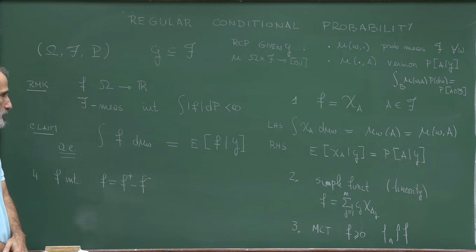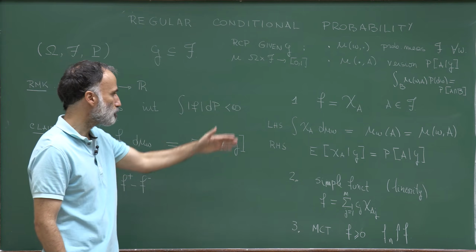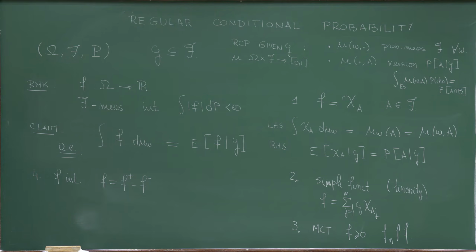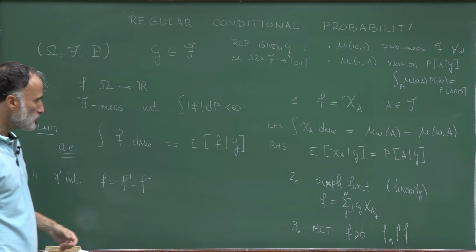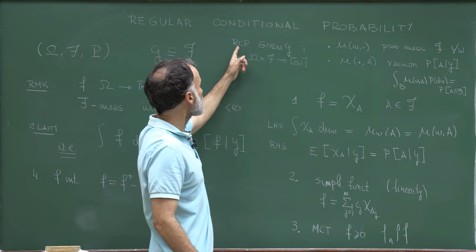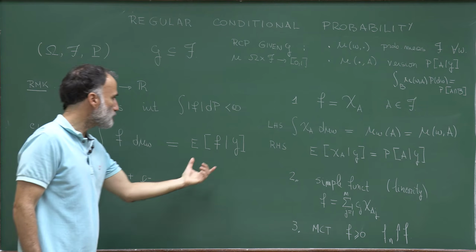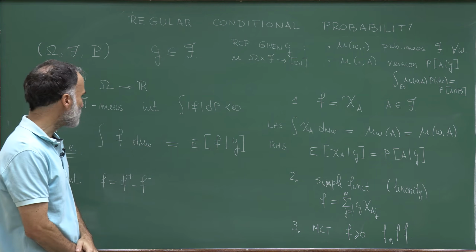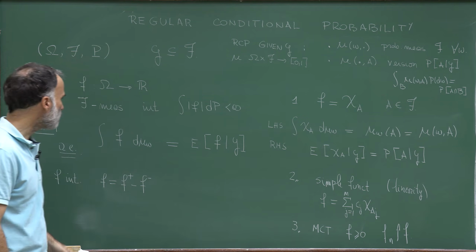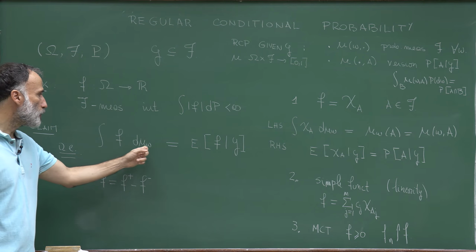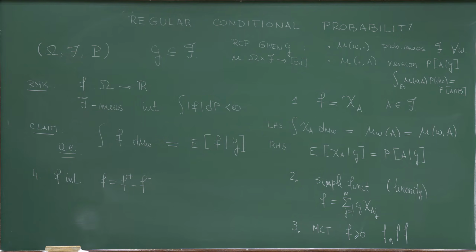So proceeding in this way, we can prove that indeed, once I have a regular conditional probability given a sigma algebra G, I can express the conditional expectation of any function f as the integral of f with respect to the regular conditional probability.